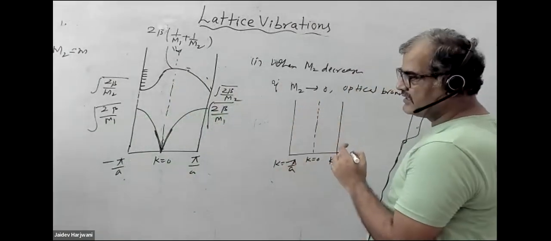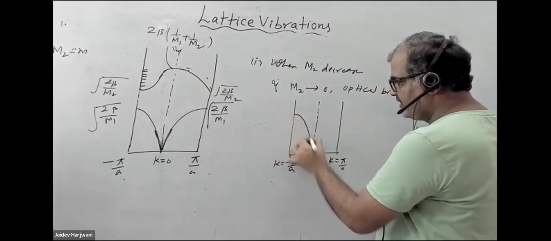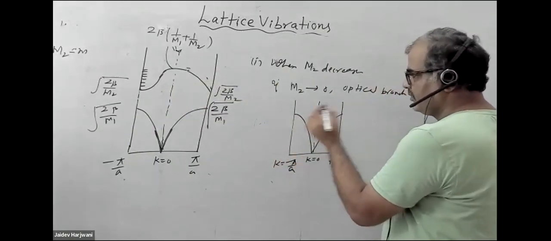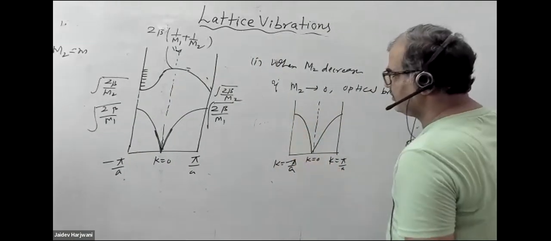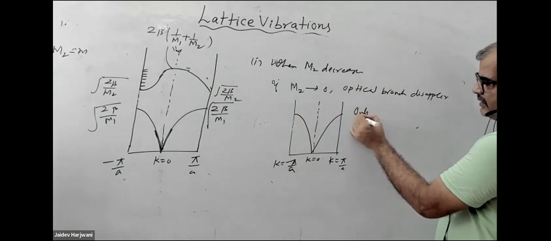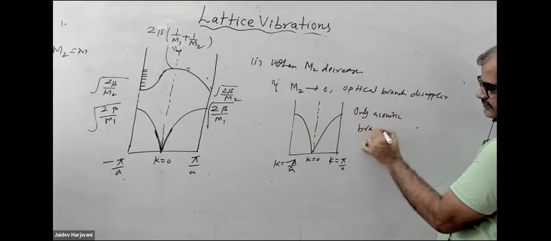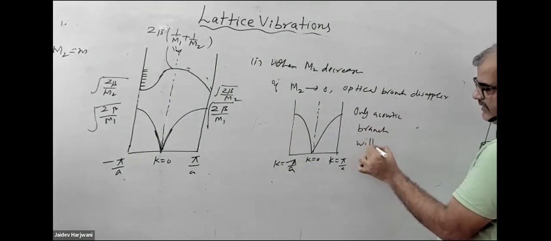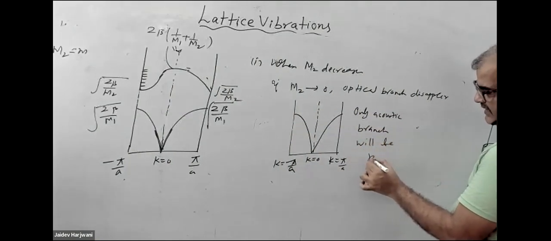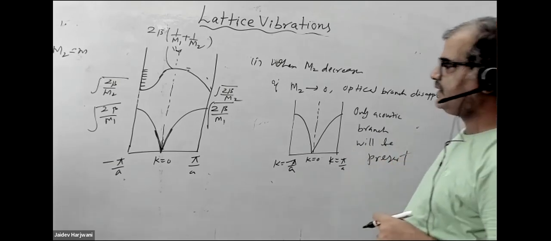We have only the acoustic branch, and the acoustic branch will not get affected. So you will get only the acoustic branch. Only the acoustic branch will be present. That is one thing.